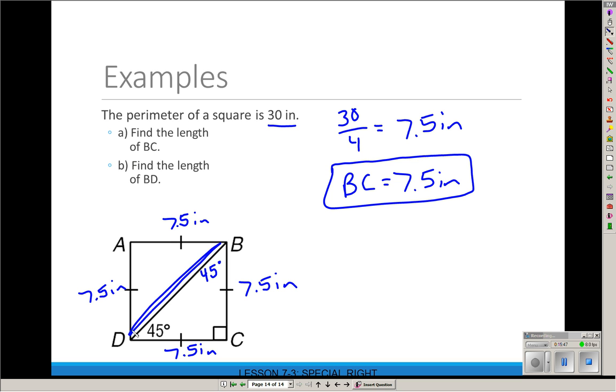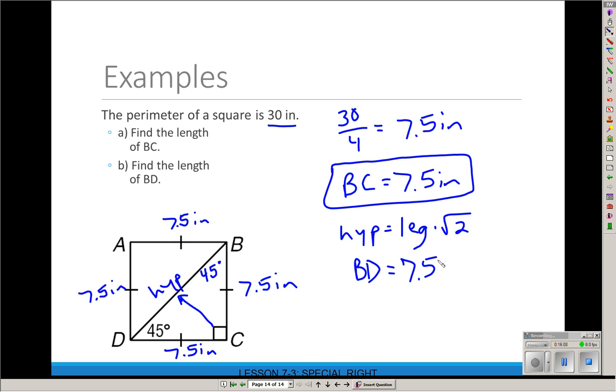Well, segment BD is the diagonal, which in one of these 45, 45, 90 triangles is the hypotenuse. So use the formula. Hypotenuse equals leg times the square root of 2. The hypotenuse is BD. The leg is 7.5, so BD is 7.5 times the square root of 2. And that's inches.